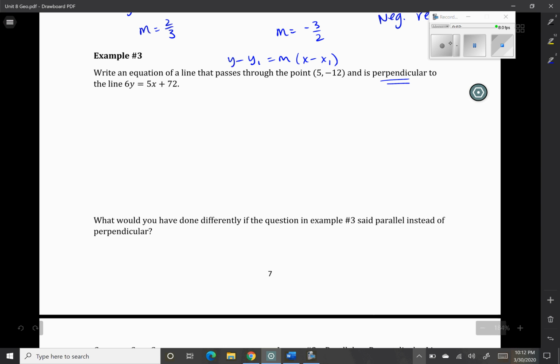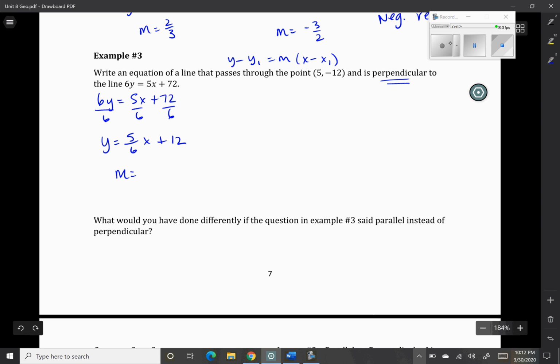So if I want to be perpendicular, I first need to determine the slope of this line. To determine the slope, I'm going to put it into y equals mx plus b. So I start by dividing everything here by 6, and we get y is equal to 5/6x plus 12. Again, the plus 12 is irrelevant.